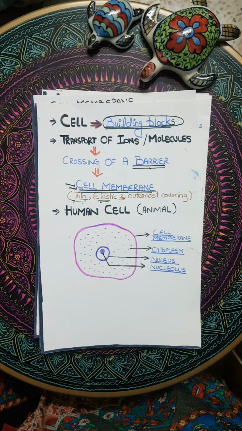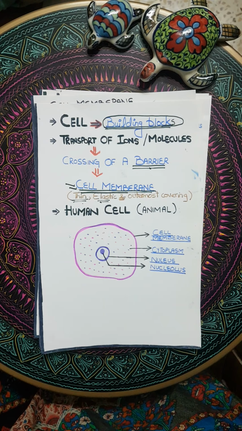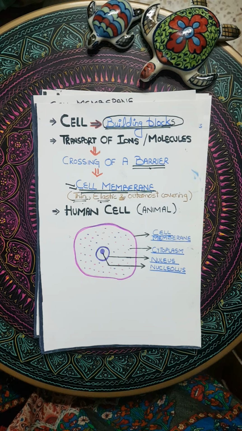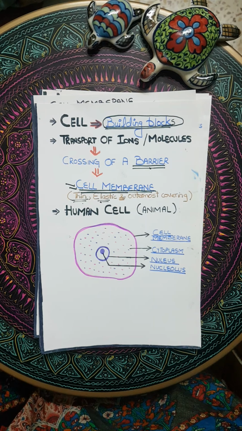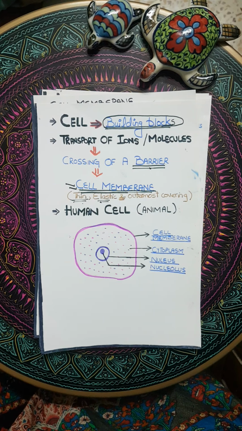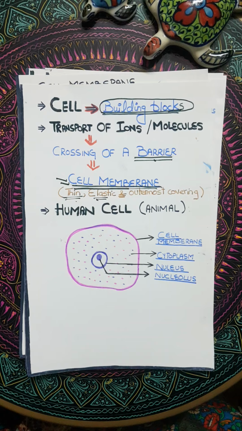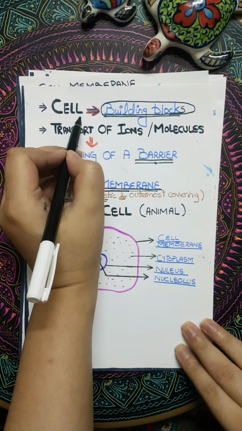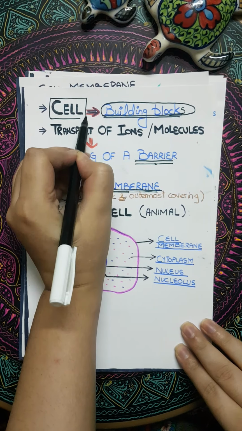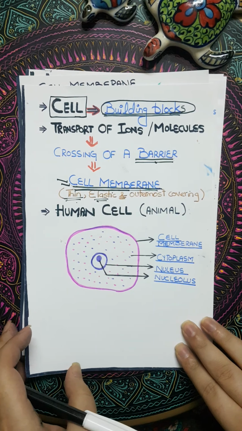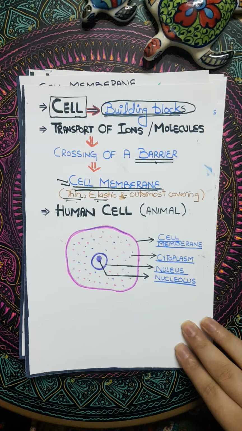Okay, we all know that everything that we see around us, whether living or non-living, is made up of tiny little things called cells. And so more specifically, this cell is called the building block of the human body.